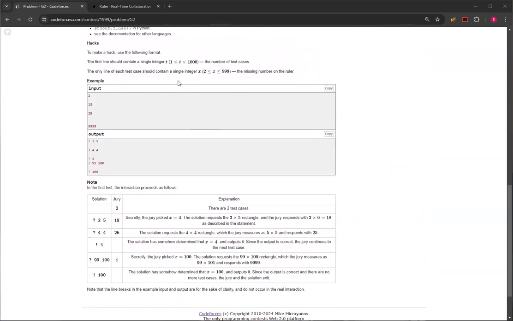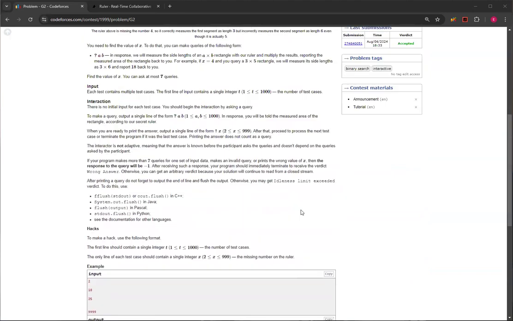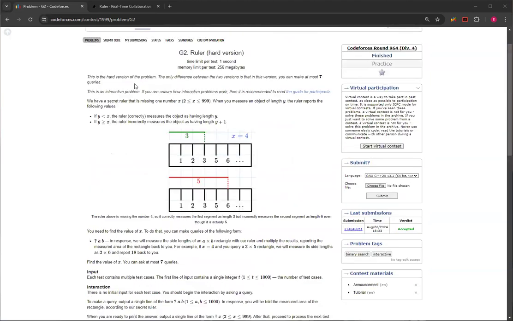So basically, the idea of this one: if we take a look at the number of queries, this is always a good place to start for interactive problems. Of course, there's a lot of formatting stuff, like flushing the output. But for interactive problems in general, look at the queries to see how that'll help you.